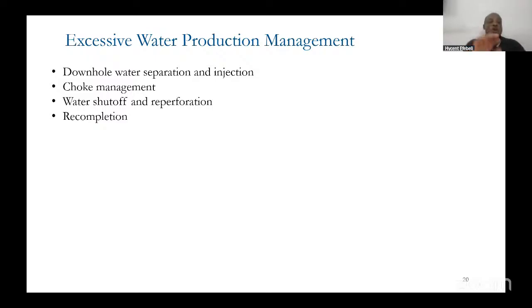Okay. So choke management, if you look at the water production mechanisms, some of them respond to choke management, like coning, for instance. If your well is coning and you bean down a bit, the water production will recede because you are no longer pulling so high.